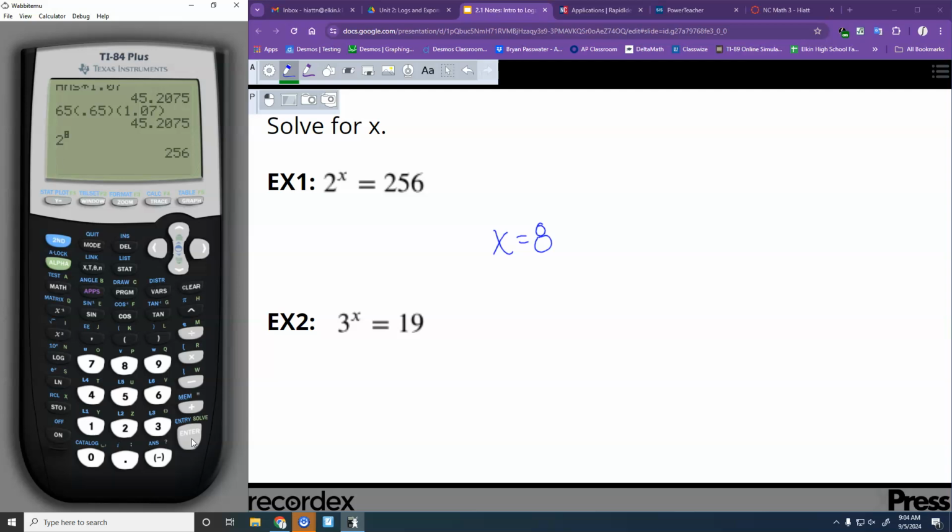I think Lily's going to be the closest on this one. I'm pretty sure. Lily, what did you get your x equal so far?